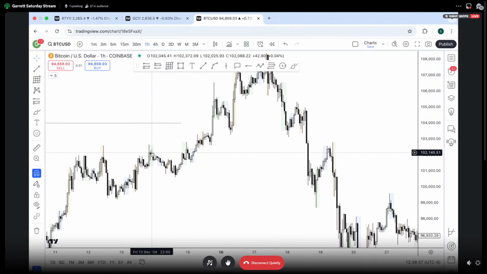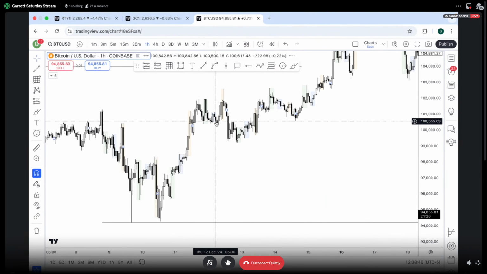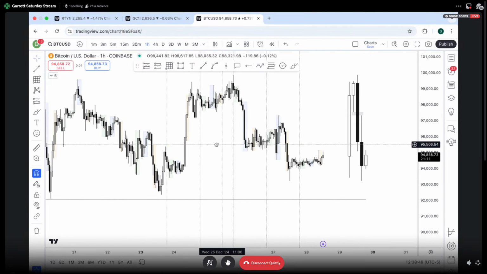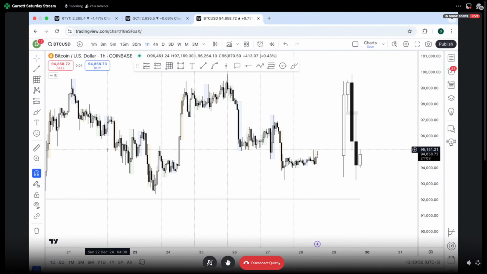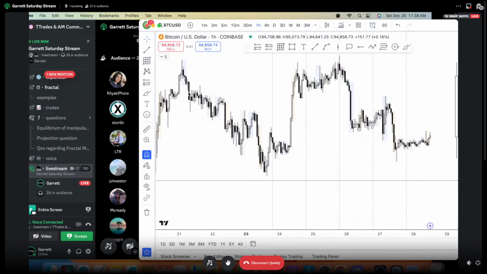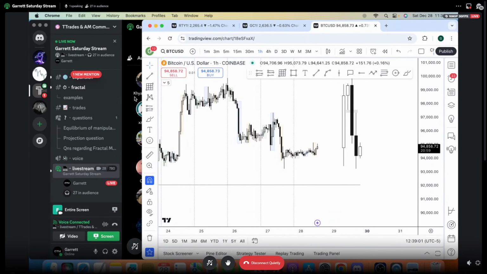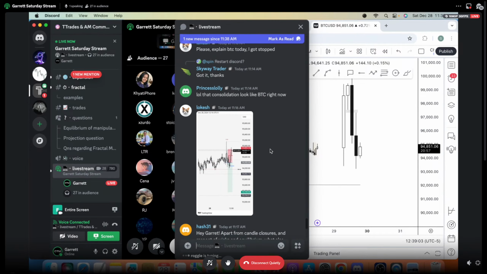It was very lackluster, so maybe it's just not a good day to trade. It would make sense. This is last Saturday too. It's just nothing. This is also last Saturday. I wouldn't trade Saturday, that's what I can tell you. It looks absolutely terrible. So yeah, I wouldn't even trip about that.